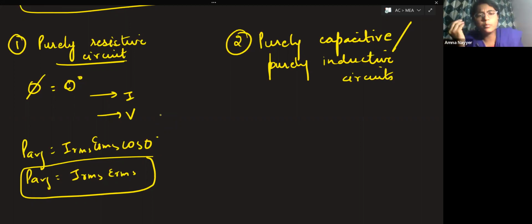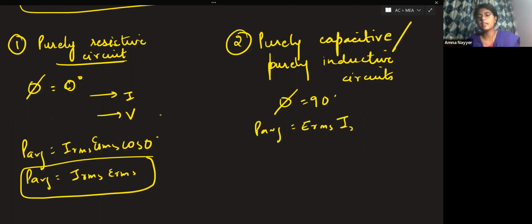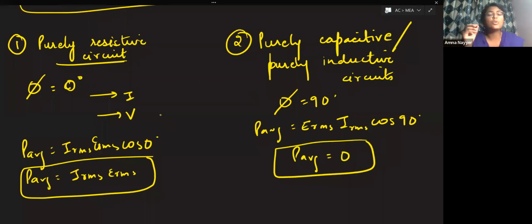But whichever quantity is leading, the phase difference between them will be 90 degrees only. So your phase angle this time will be 90 degrees. If you put P average as ERMS IRMS cos 90 degrees, the whole term will become 0. So there is no average power dissipation in purely capacitive or purely inductive circuits.